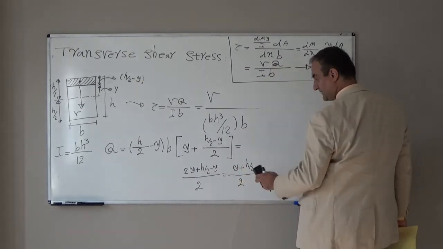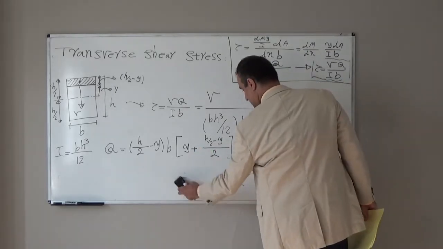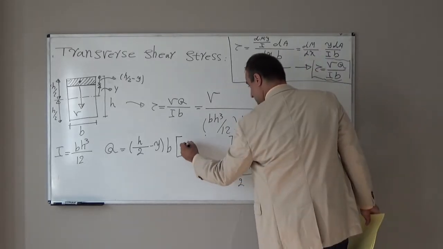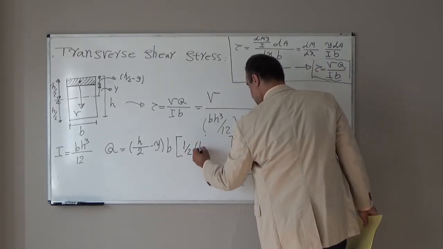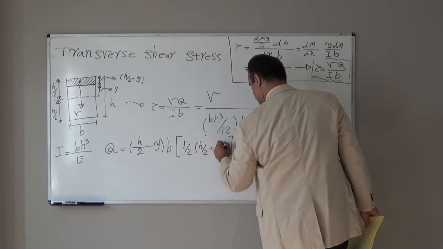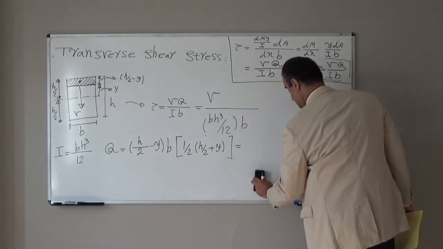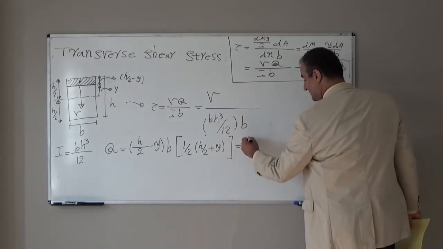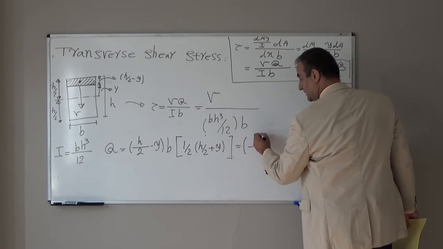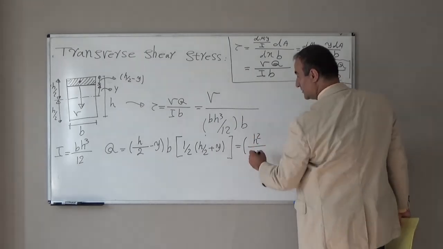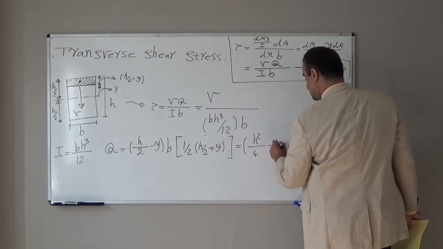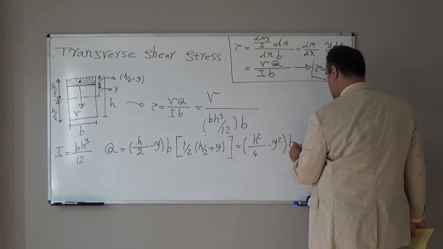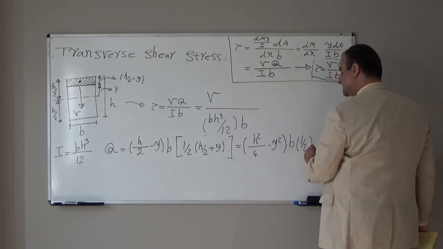So instead of all this, I can put 1 over 2 times H over 2 plus y. This times this will be H over 2 minus y, times B times 1 over 2.